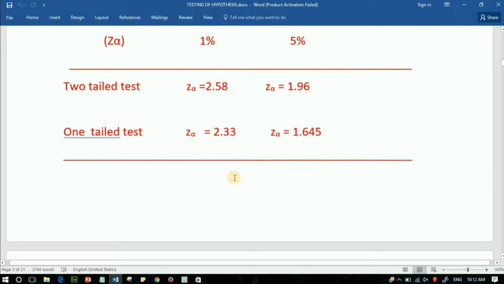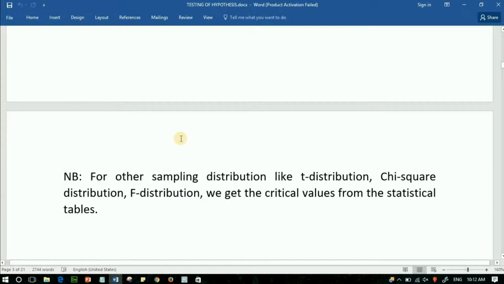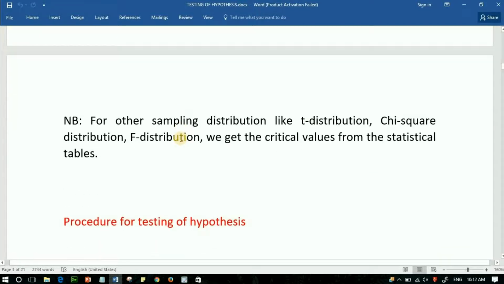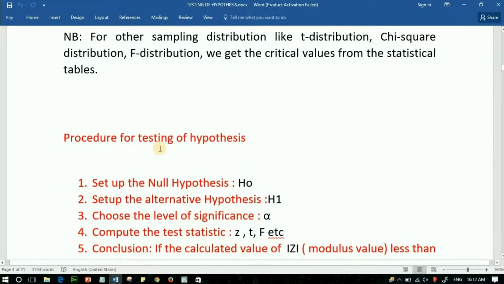For doing problems, these two values are essential, either 1% or 5%. Other percentages are available in the tables. For other sampling distributions like t distribution, chi-square distribution, F distribution, we get the critical values or significant values from the statistical tables.